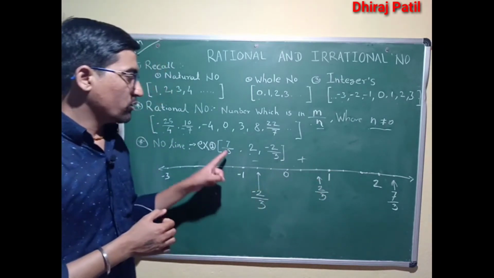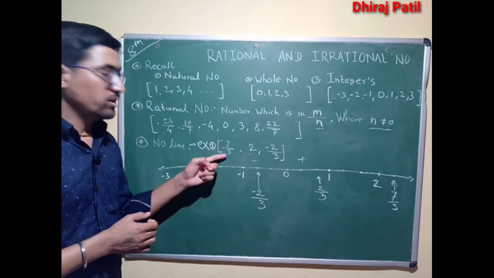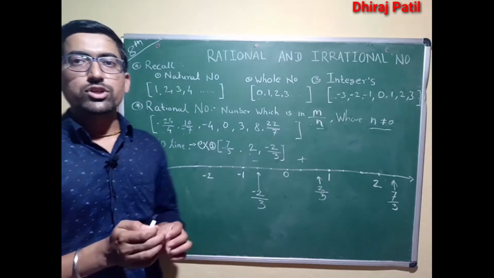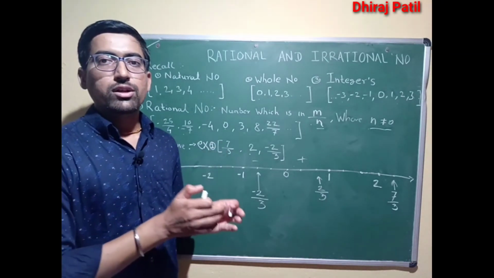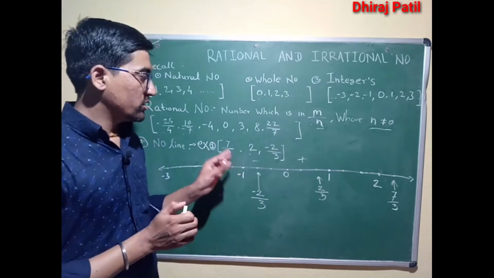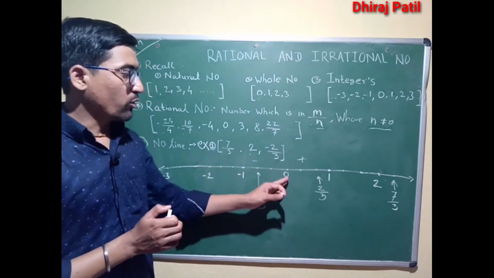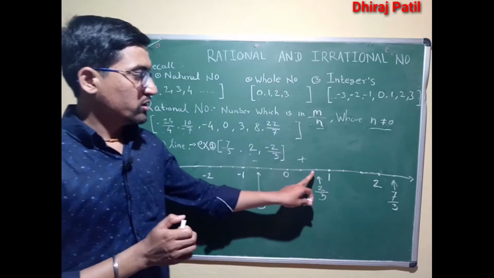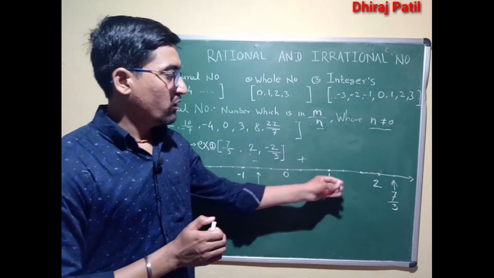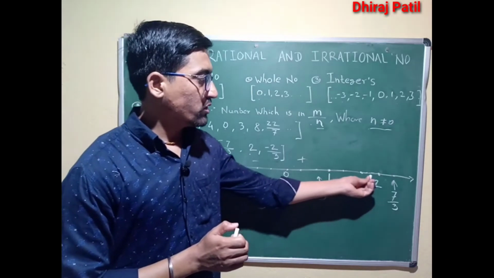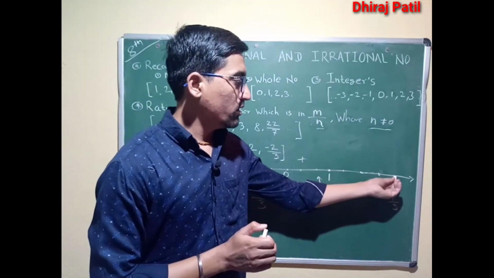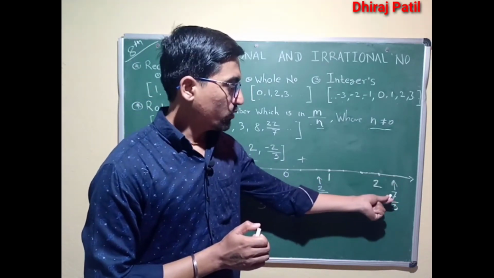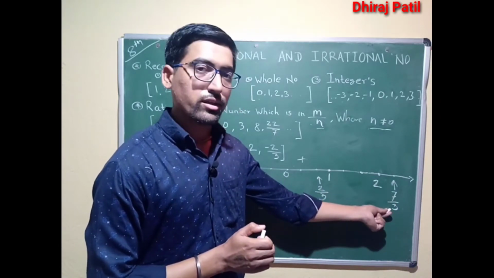Now like this, I have to show 7 by 3, the position of 7 by 3 on our number line. This position is calculated from 0. This is our first segment, second, third, 4, 5, 6, and this is our 7. So I write down 7 by 3.